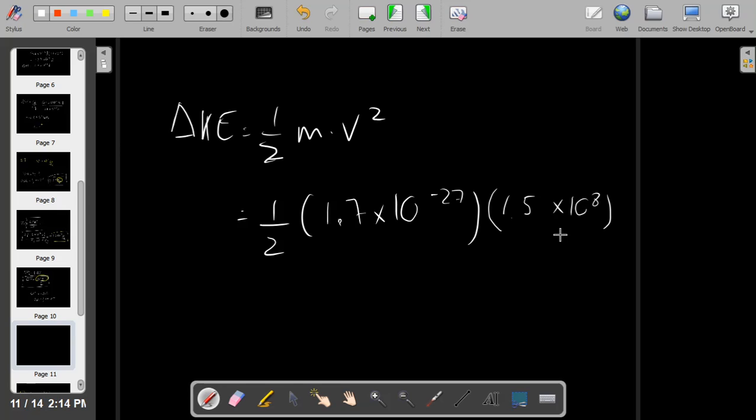I'm not going to put it there because I don't have a lot of space, but it is squared. So put everything in your calculator, and once you do, you should get, let me find it in my paper, 1.9.